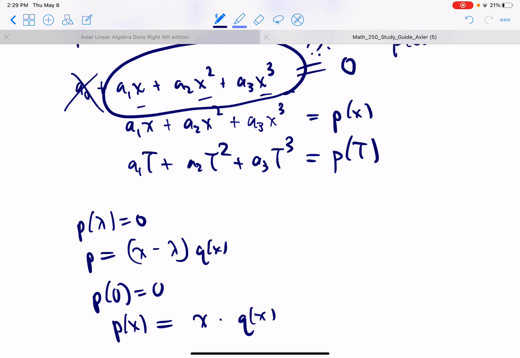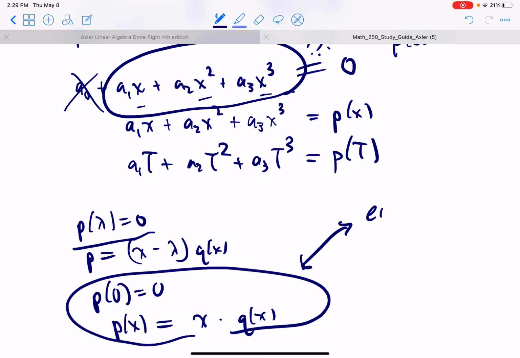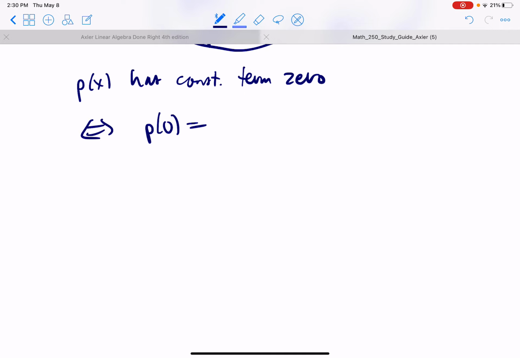So why does that mean that the operator is not invertible? Oh, because we proved that zeros of the min poly correspond to eigenvalues of t, so this is if and only if. Okay, what is happening? Let me do a good job. So, p of x has constant term 0 if and only if p of 0 equals 0.